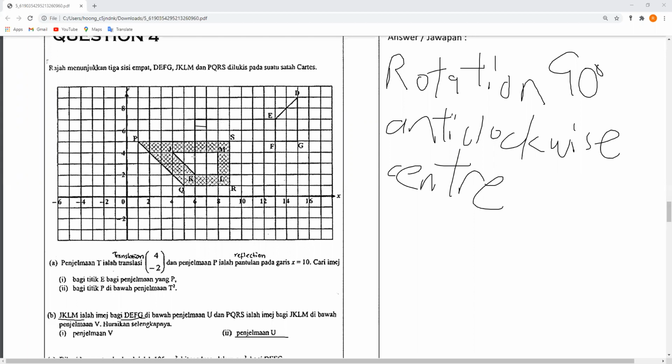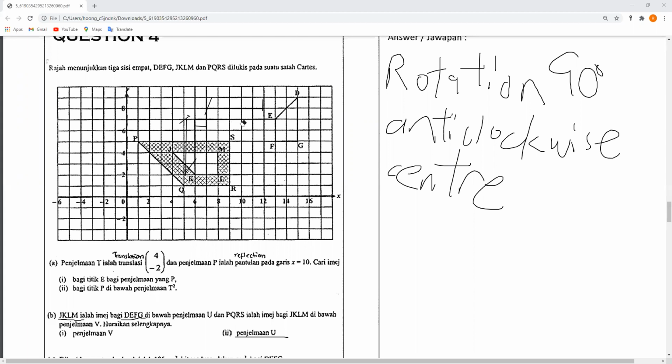So you count the length here, same as the length here. So you calculate. 1, 2, 3, 4, 5, 6, 7. Wait, six only. No, seven. Sorry. 7. Okay, 7 here.